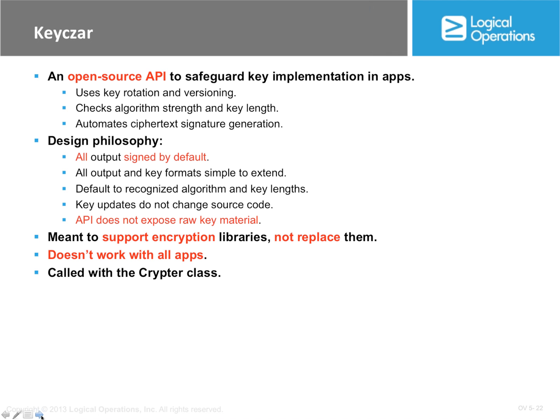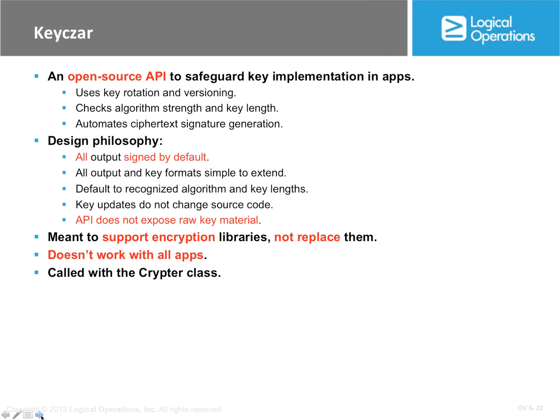What Keyczar is designed to do is provide a kind of check valve for these. So if you make a mistake as the designer of the application, implementing Keyczar within the ecosystem is your failsafe, or supposed to be your failsafe, for making some of these mistakes.